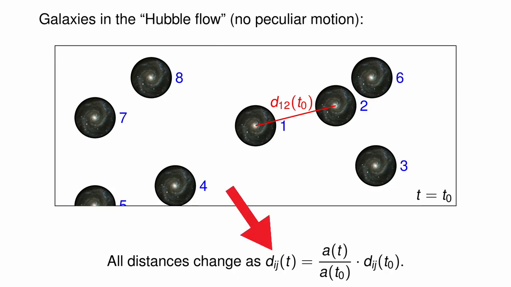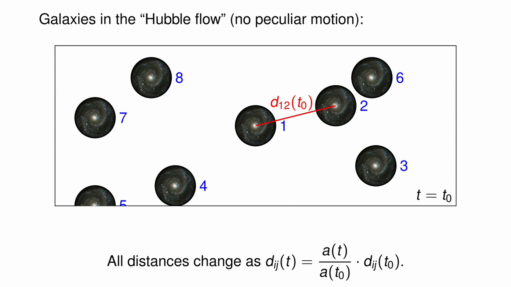So D_ij at any time t is this fraction, the scale factor a at that time t, divided by the scale factor a at some time t0, times the distance between i and j at time t0. This is the mathematical formula that expresses what we said, namely that all distances change in proportion to the same universal scale factor, which here we have called a(t).